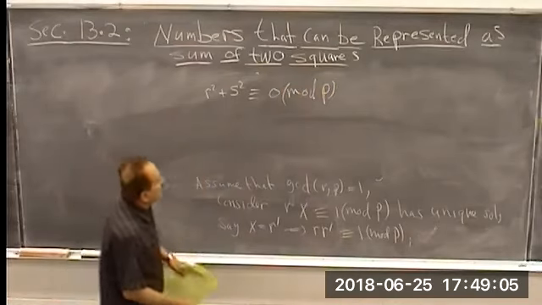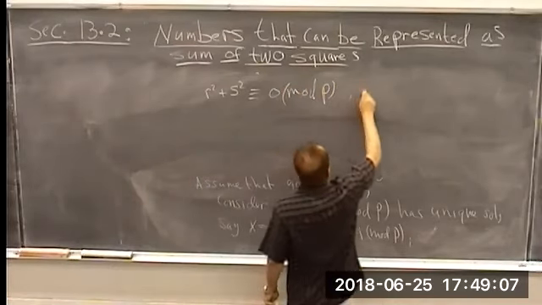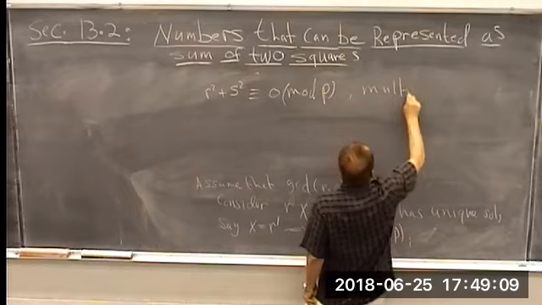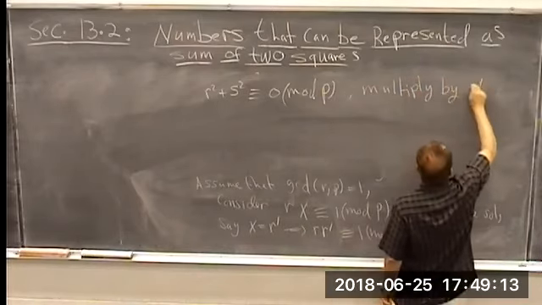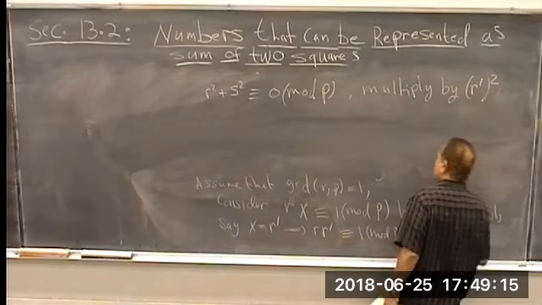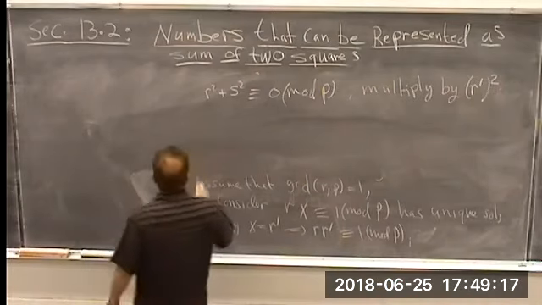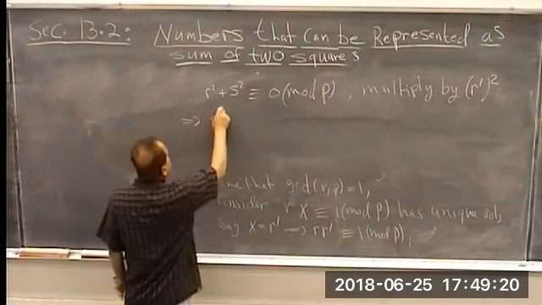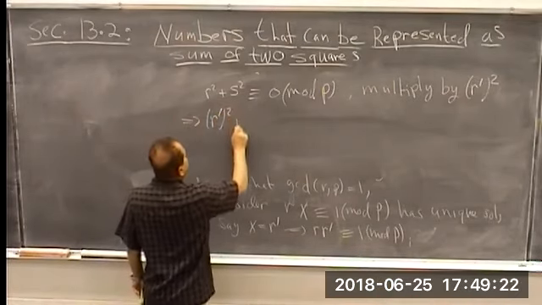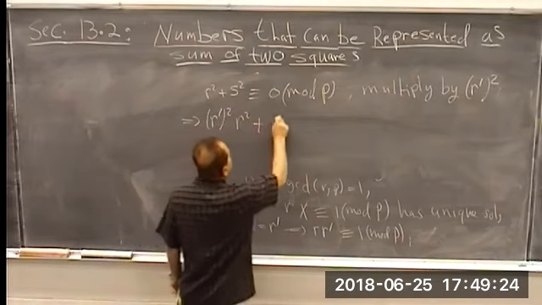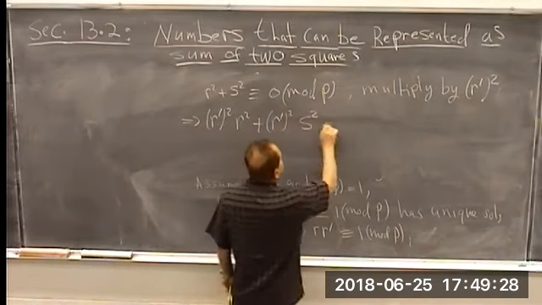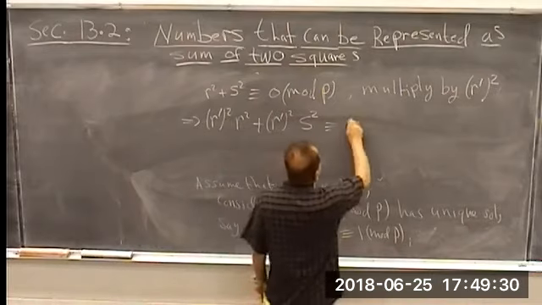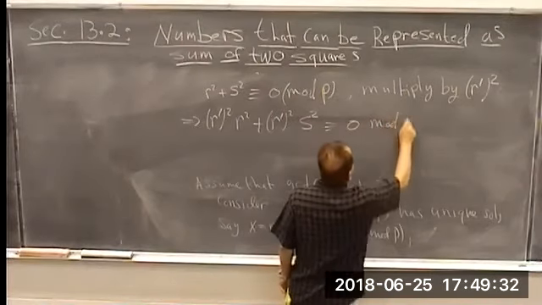This one I want to multiply by r prime squared. So what do we get? R prime squared, r squared, plus r prime squared s squared. This is congruent to 0 mod p.